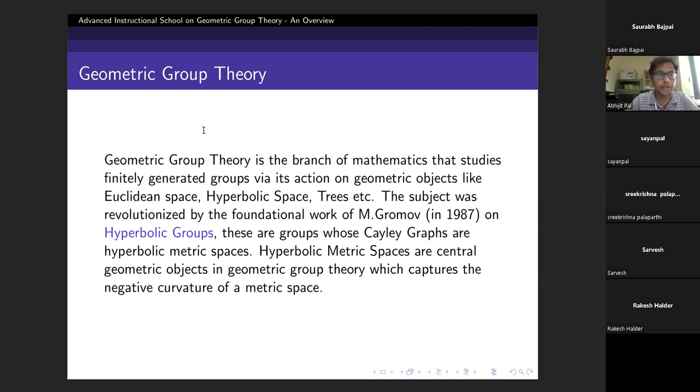They introduced some topological and geometric ideas into the study of discrete groups. Some of the influential works include Dehn's algorithm to solve word problems, and the Dehn-Nielsen theorem to find the mapping class group of closed surfaces.